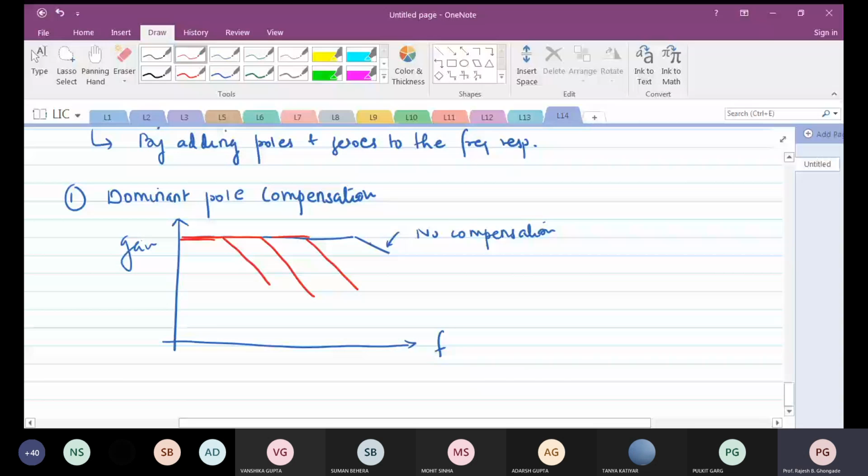This is at C2. By changing the values of the capacitors, I can add these poles and compensate for the frequency. In a circuit, normally for an operational amplifier, we do it like this.